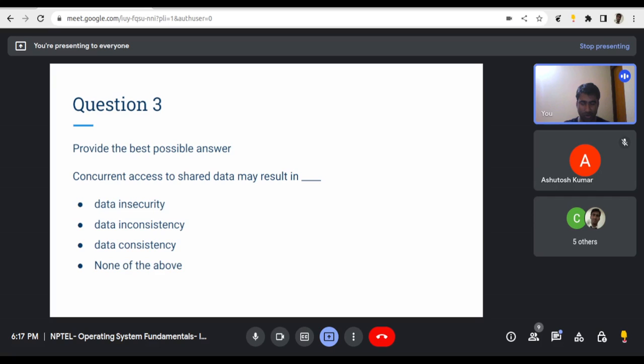Suppose there is a variable A that is shared among many processes. All the processes can see the same value of A. That is what is meant by data consistency.